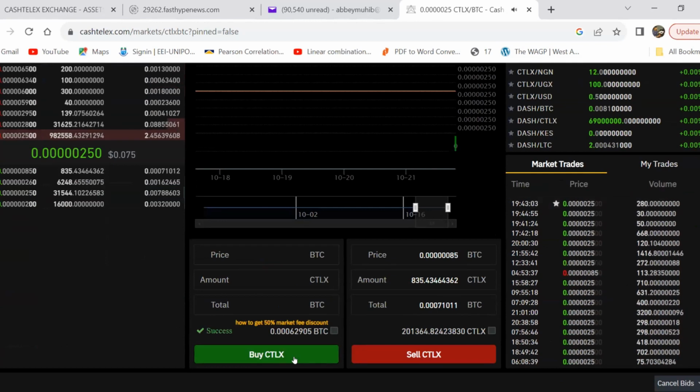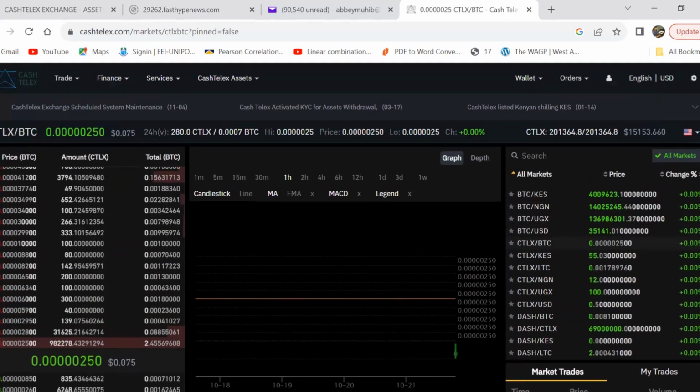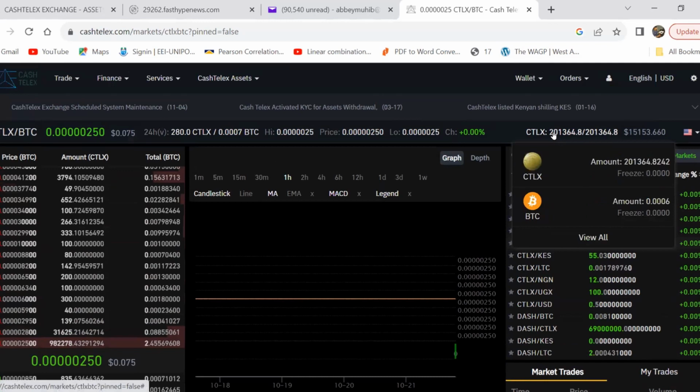There is a pop sound that indicates a trade has been placed. If you notice, my total number has changed. It has been added. I'm now having 201,368; before I had 201,084.